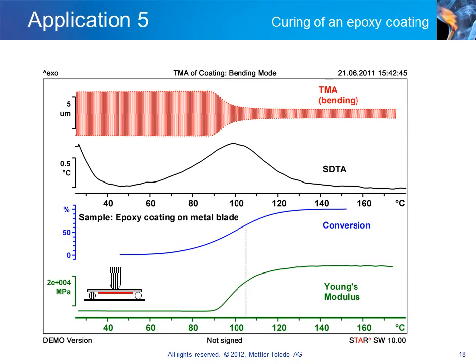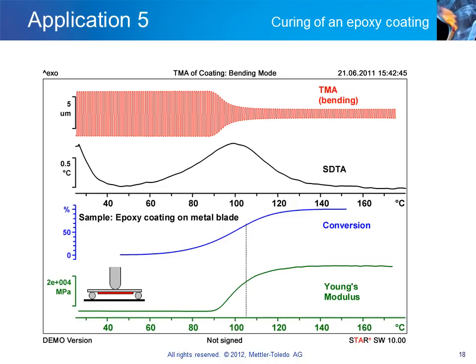The DSC method cannot, however, determine the increase of the viscosity or the modulus of elasticity during curing. A TMA bending measurement is a good choice to correlate both effects. This application shows how TMA and the simultaneous DTA function, SDTA, have been combined in the TMA SDTA 840.